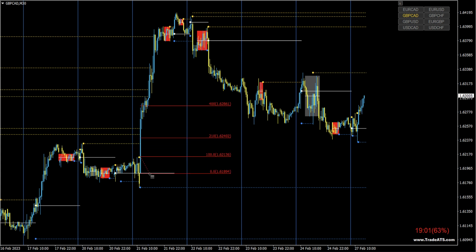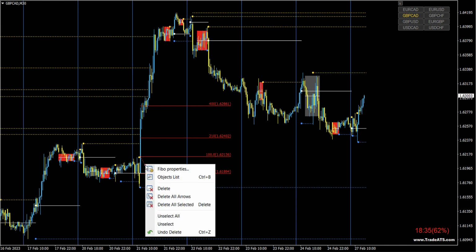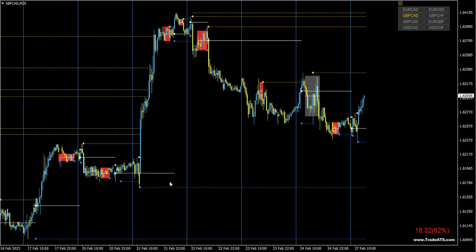The stop loss would be the yellow line in this case because there were news, and the target would be the 3-to-1 risk to reward ratio, which is 400%. Now, whenever the market will reach the 210% level, I will be moving my stop loss from this level to the break even. Okay, so this would be a risk-free trade. So this is one of the setups I use.